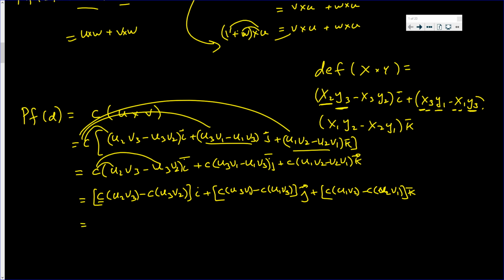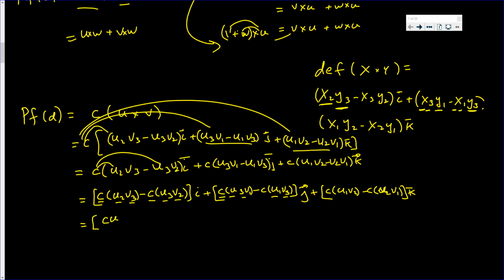Okay, now we are multiplying three numbers, 1, 2, 3. It's always three numbers. Remember, C is a scalar, and so are U1, U2, U3, V1, V2, V3. So one thing I have is the associative law.